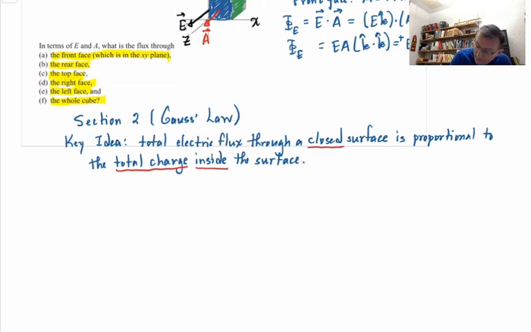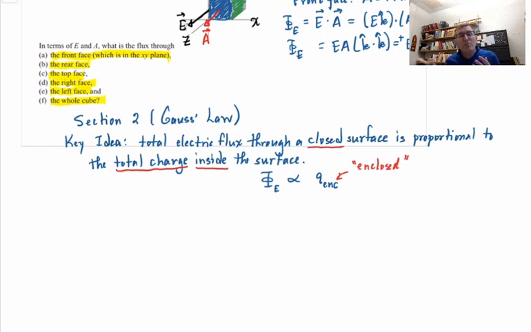So, phi electric is proportional to the total charge inside the closed surface, which we're going to denote Q enc. ENC stands for the word enclosed. All right, the first thing we have to figure out is what is that proportionality constant?